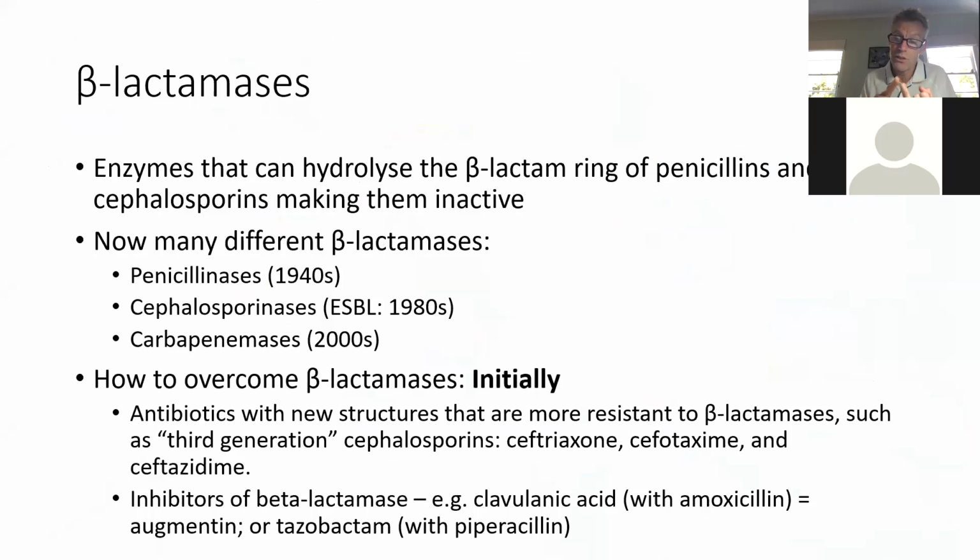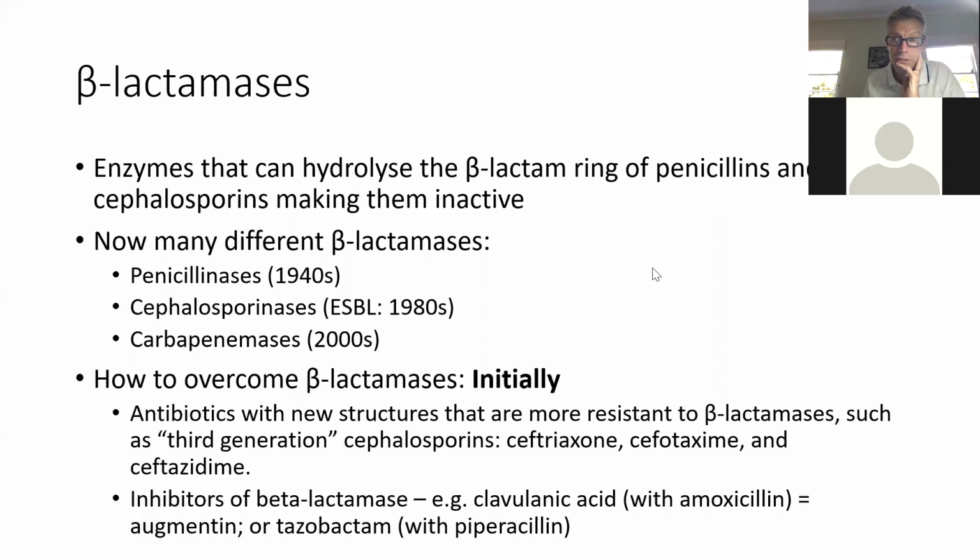Penicillins, amoxicillin, flucloxacillin, and cephalosporins all have a beta-lactam ring, and they can be broken down by beta-lactamases, and that inactivates the antibiotic and doesn't allow it to disrupt the cell wall as these antibiotics normally do.